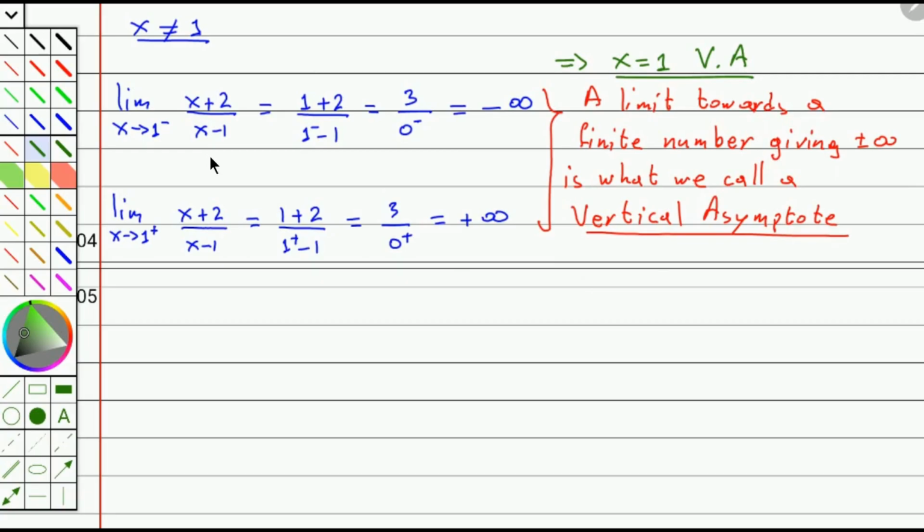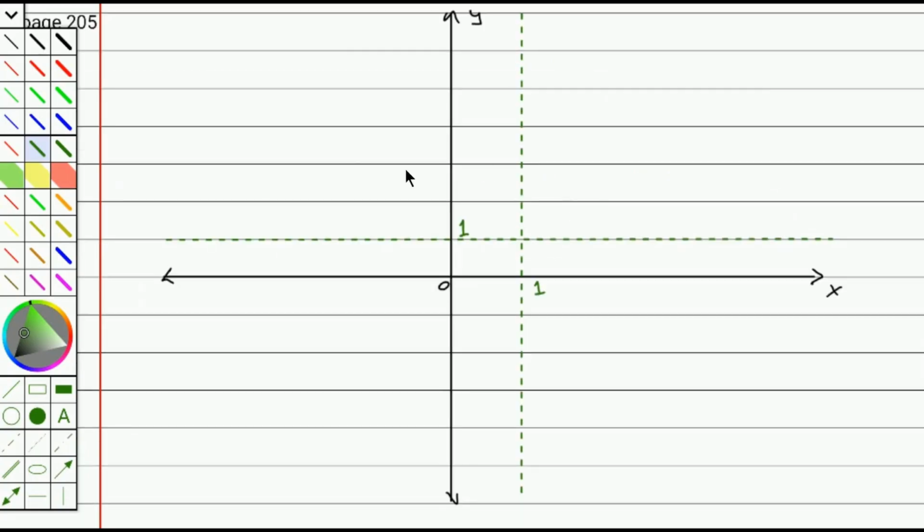So since we have everything ready, we can plot the graph. Let's do the preparations first. So we prepare the Cartesian system, the vertical asymptote and the horizontal asymptote. Let's place also the intersection points, which are at (-2, 0) and at (0, -2).